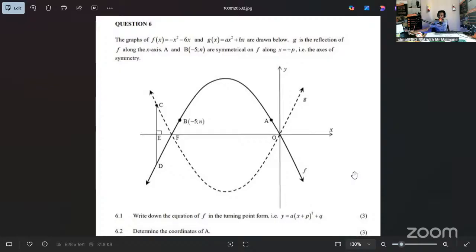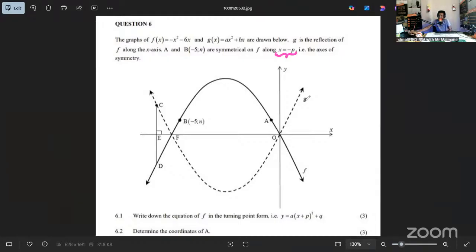What I'm asking is, do you have a clue where this equation is going to be? After the information when they say A and B are symmetrical on f along the axis of symmetry, if we were to construct this x equals minus p, is there anyone who has an idea where it belongs?